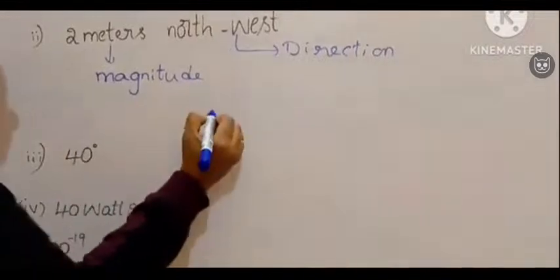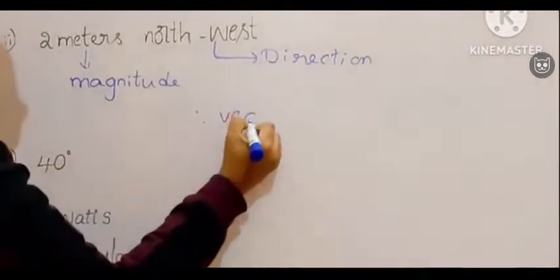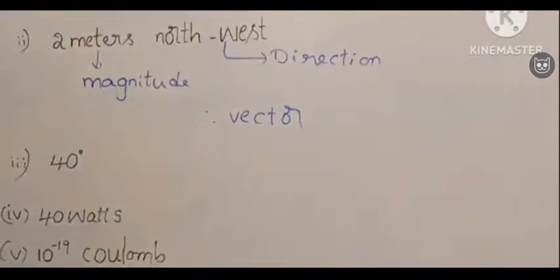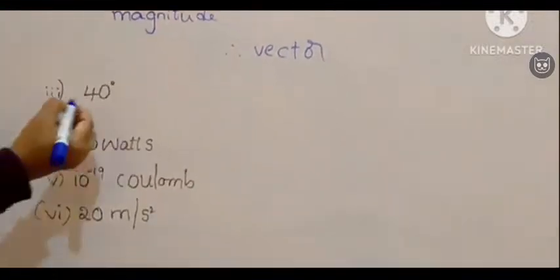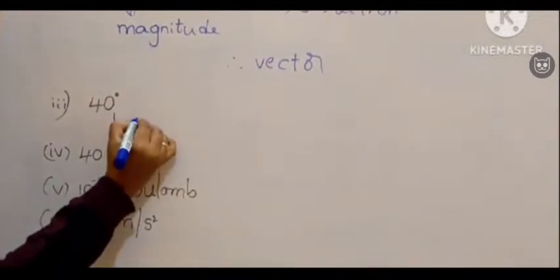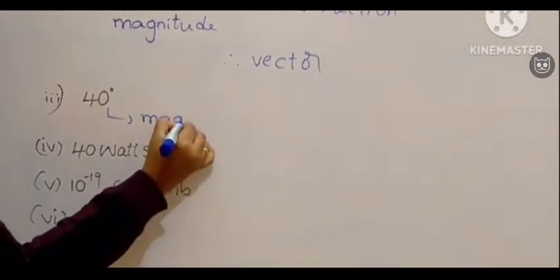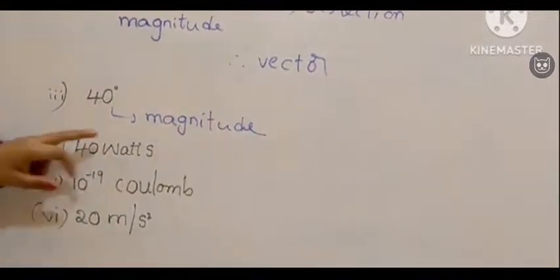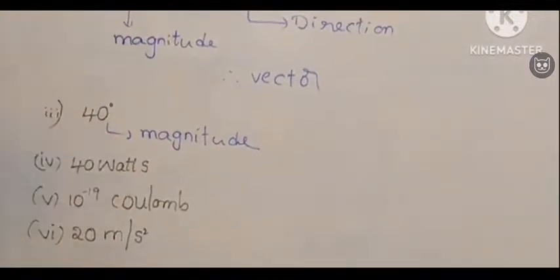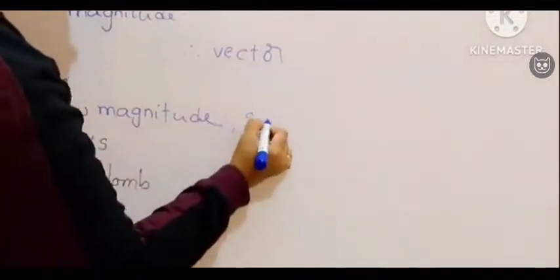Therefore, it is vector. Next, go for the third question. 40 degrees. Degree represents only magnitude. In this, there is no direction. So, it is scalar.